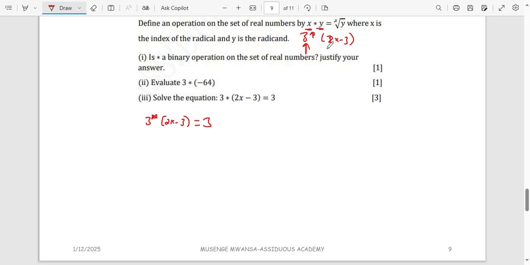Where there is y, we are putting 2x minus 3. So where there was x, we are putting 3, and that is the third root. Where there was y, we are putting 2x minus 3. And this is supposed to be equal to 3.